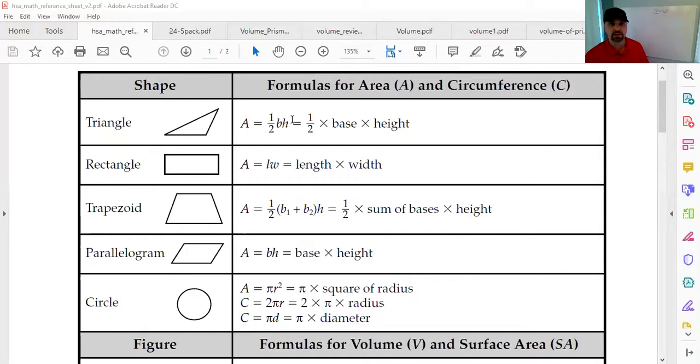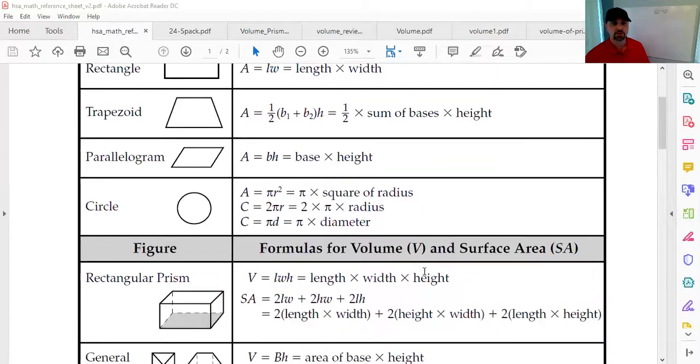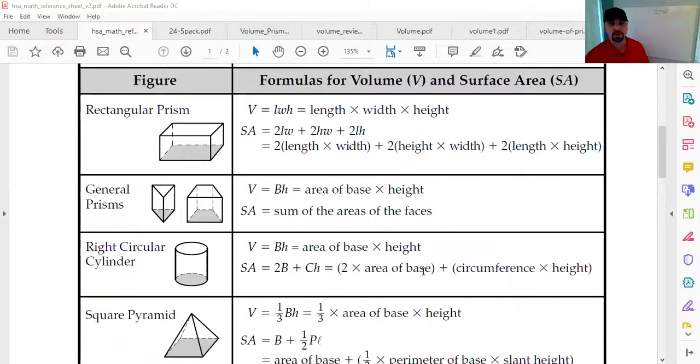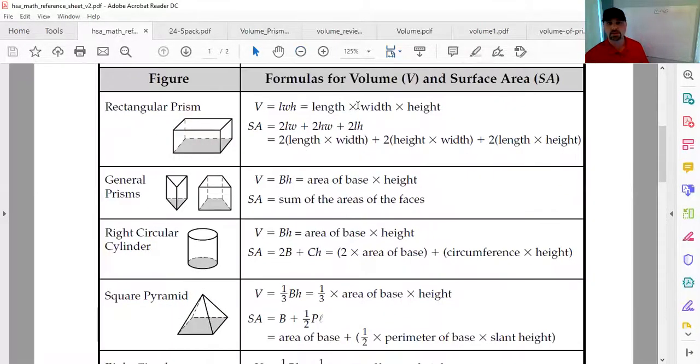Notice the shapes and then the formulas. If we go down, the bottom section is formulas for volume and surface area. We're not really going to deal with surface area too much. I haven't really taught that before, because it's not one of the things listed as a priority on the test, okay?